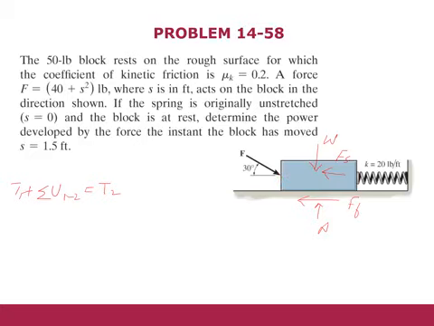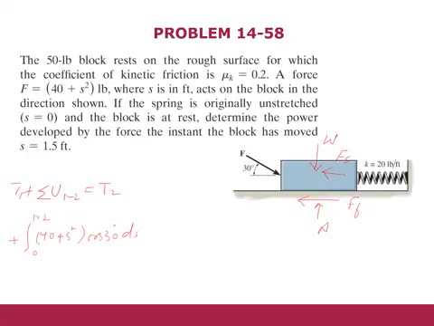As the block is moving to the right-hand side and the force is also acting in this direction, the work done by this force is positive. So this is from 0 to 1.2, and we have a force of 40 plus s square, cos 30, ds.